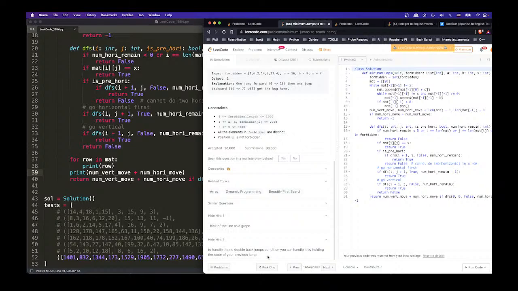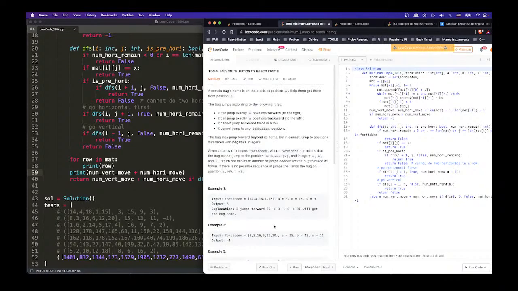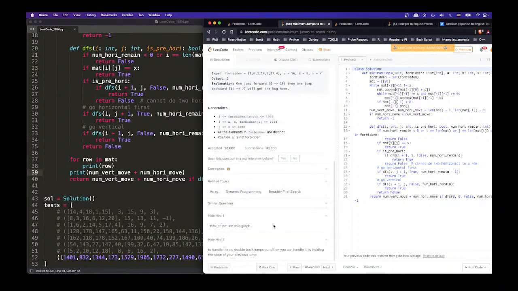Think of the line as a graph. What line? That line, okay. To handle the no double back jumps condition, you can handle it by holding the state of your previous jump. Think of it as a line, as a graph. What do you mean? So the line is just 0, 1, 2, 3, 4, right?